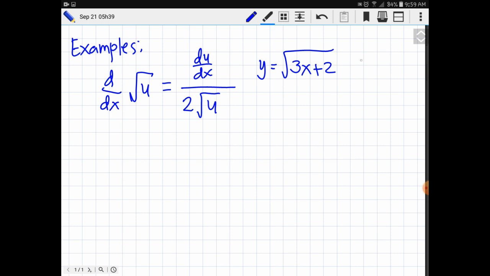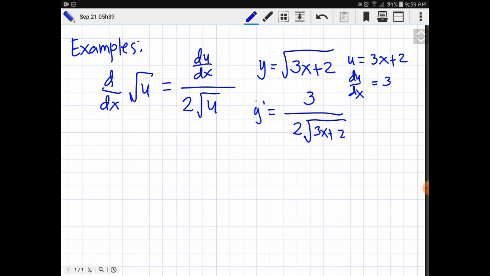In this example, our u here is equals to 3x plus 2. And of course, our du with respect to x is equals to 3. Therefore, our numerator would be 3 over 2 multiplied by the square root of u, which is 3x plus 2. And this is our y prime here.